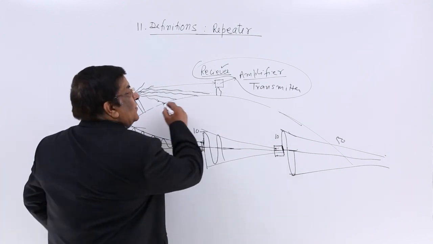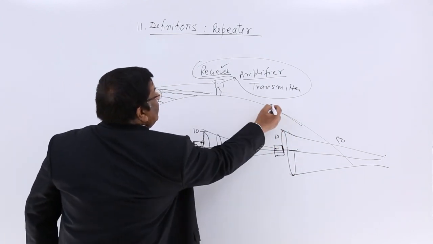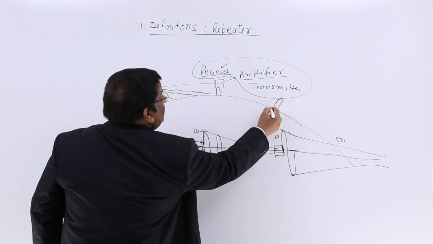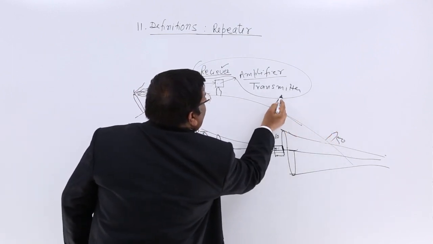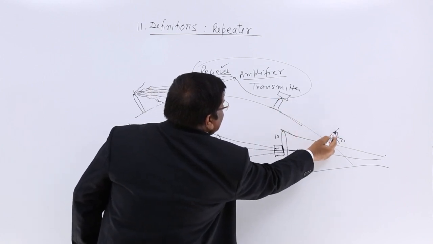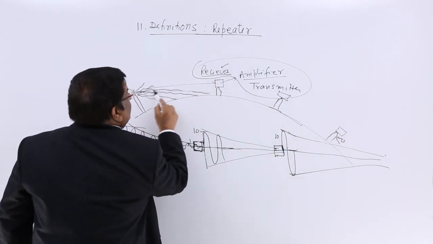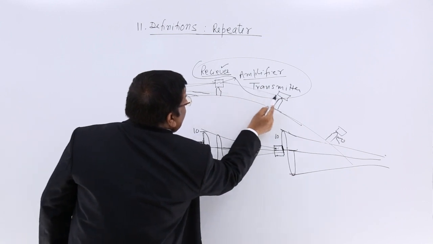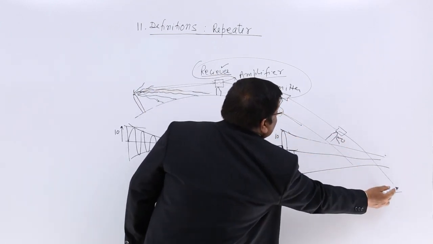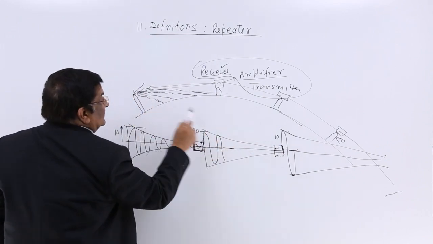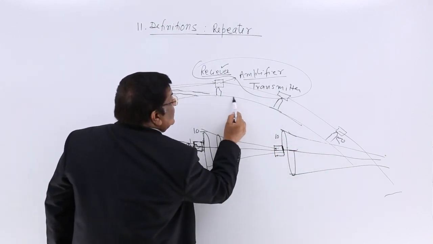In the transmitter on the surface of Earth, every 50 kilometer we have fitted towers like this, and every tower has got this repeater. So signal goes from here, then from here it goes here, then it goes here, and then it goes here. Otherwise, from this place to that place, it cannot go. There is an earth on the way.